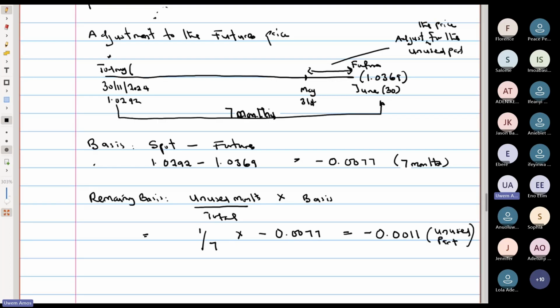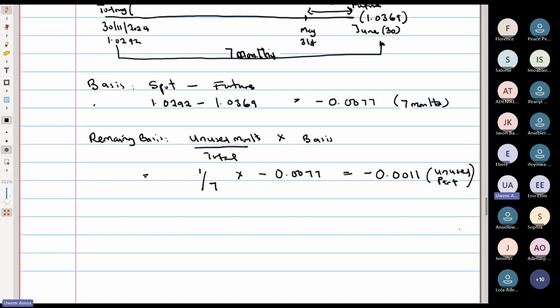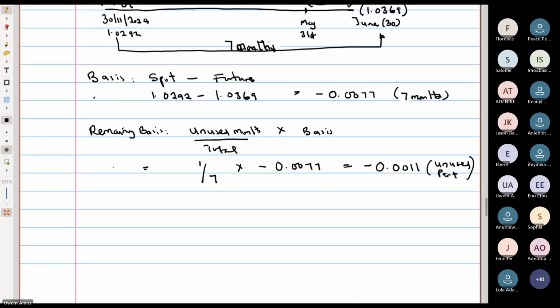So now let's adjust the futures price for the unused one. So the adjusted price, which is also referred to as the lock-in rate, would then be the futures price, which is the amount that we would have applied if we were doing a transaction on that exact same date.